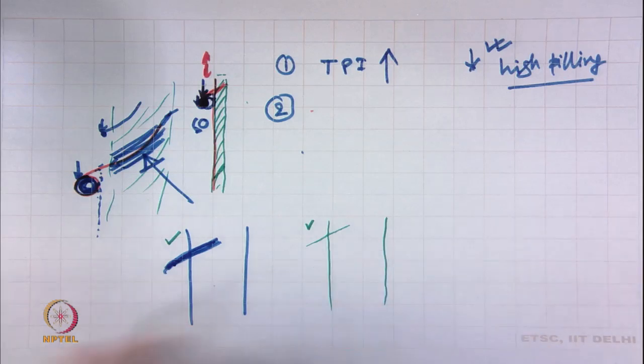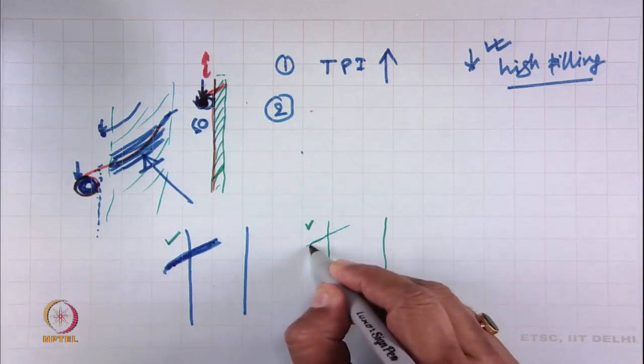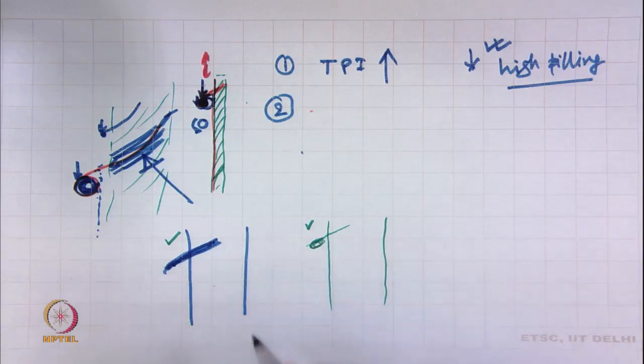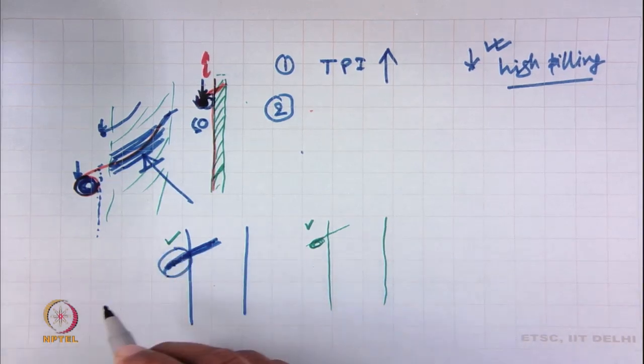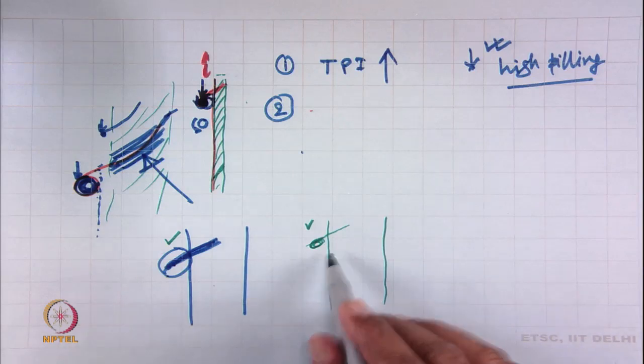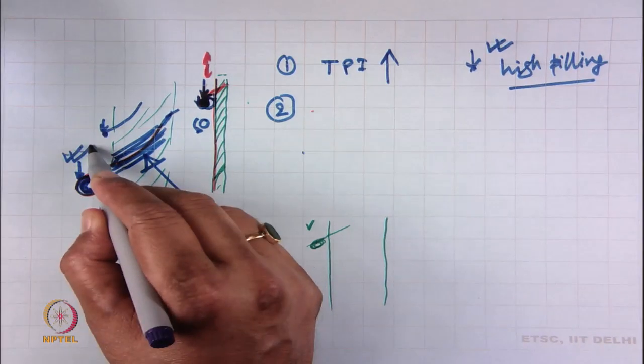So, the fine fiber will tend to bend and form loops, and it will easily get rolled, but the coarse fiber will not roll easily. If it does not roll, this phenomenon will not take place.